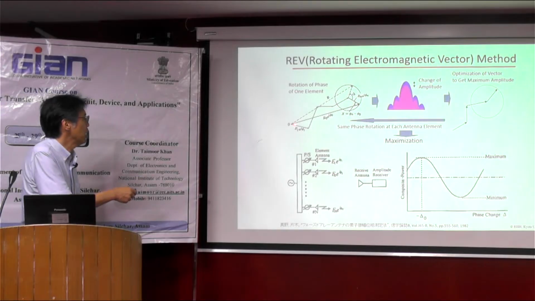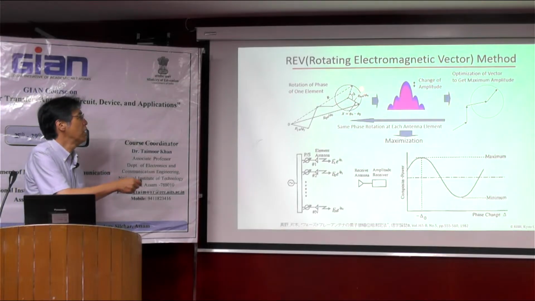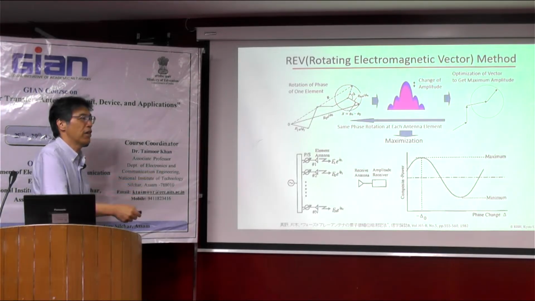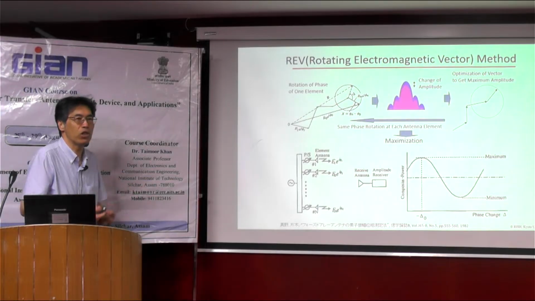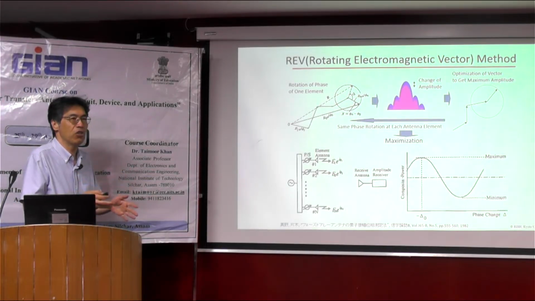Each different phase radio wave is merged into one. In this case, after receiving, the total received power is informed to the transmitter, and we find this power is not enough.